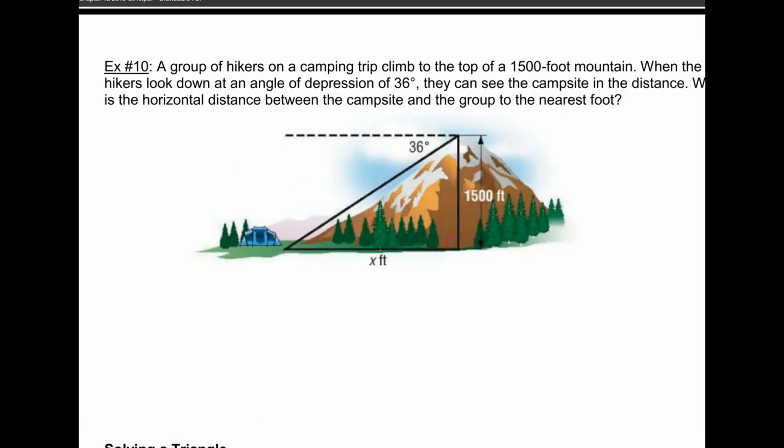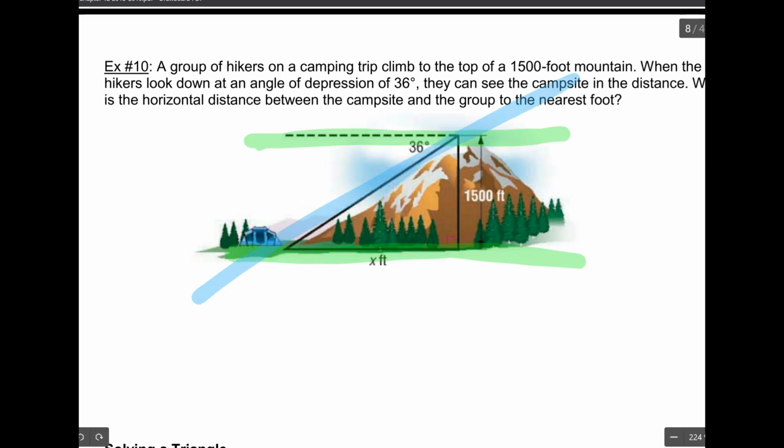A group of hikers are on a camping trip to the top of a 1,500-foot mountain. When the hikers look down at an angle of depression of 36 degrees, they can see a campsite in the distance. What is the horizontal distance between the campsite and the group's nearest foot? So what we just talked about is that here's one parallel line, here's another parallel line, and I have a transversal that cuts them both.